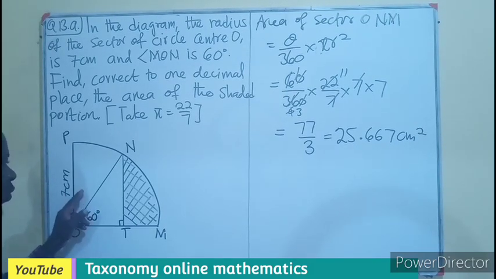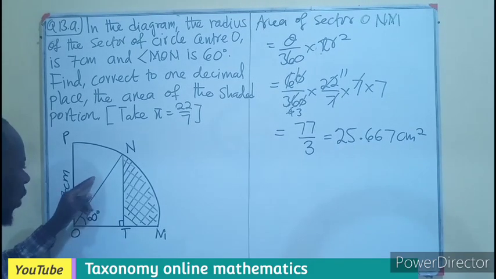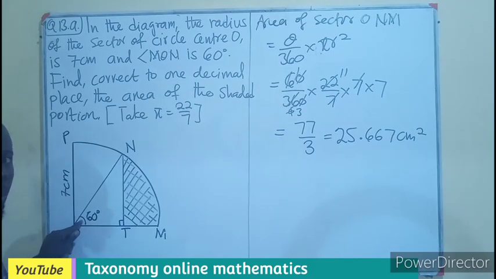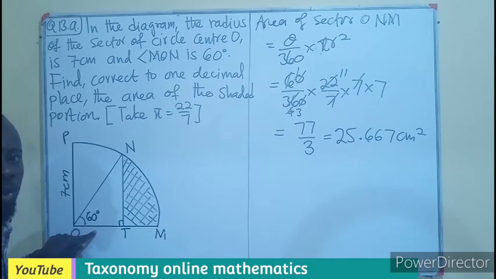So I can use 7 and 60 to find OT and NT if I want to use half base times height. But there is another formula I can use, for two lines inclined to produce an angle. So I only need the length OT, then I can use that formula. So how will you find that?